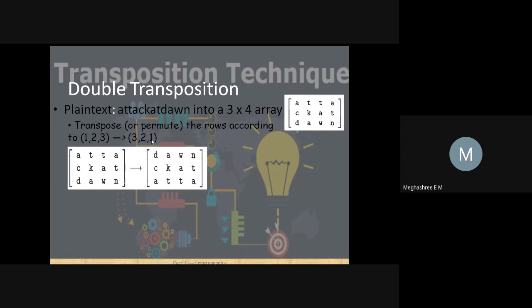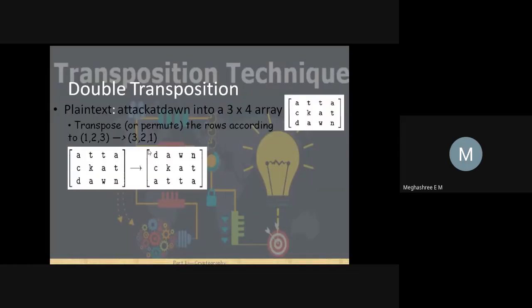When you apply this transposition, let's see what matrix you get. So sorry, here the 1, 2, 3 should be written in the form of this 3. So 3 should come in the place of the first row. That's why this dawn is written in the first row.